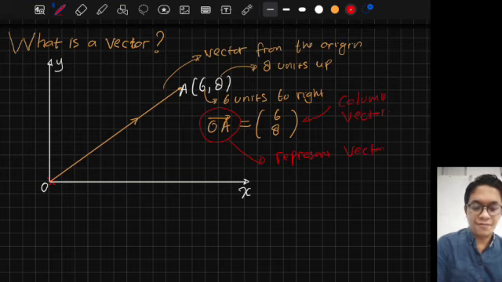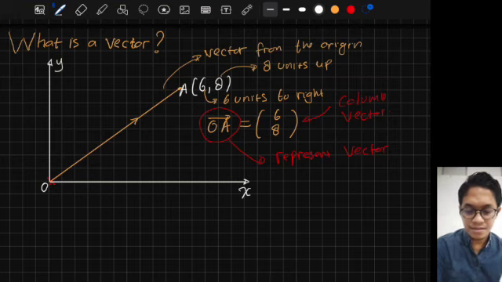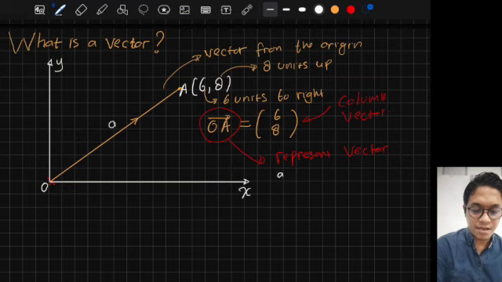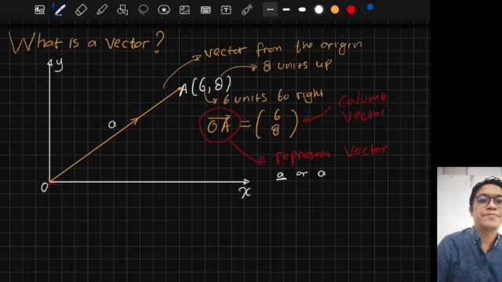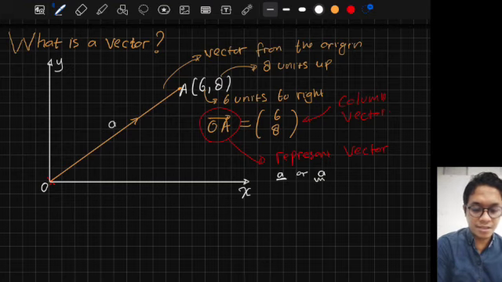Another way to represent a vector is using a lowercase letter. Let's say this is vector a, where we use a lowercase letter with a straight line underneath, or a lowercase letter with a wavy line underneath. In certain books you will see a bold lowercase letter.